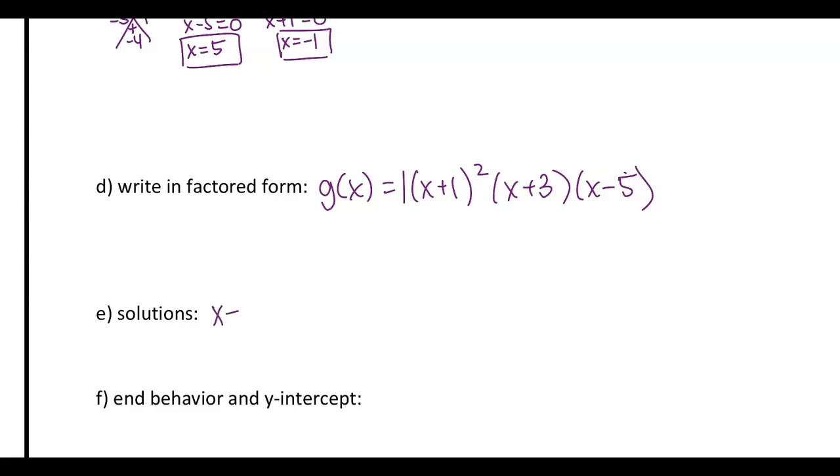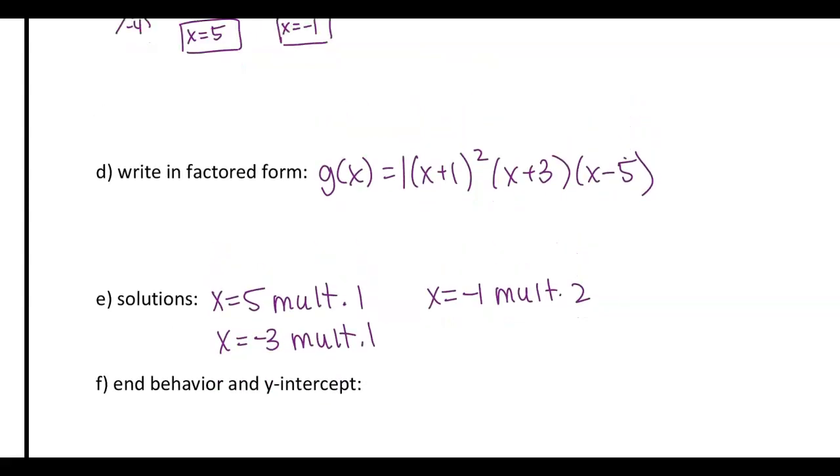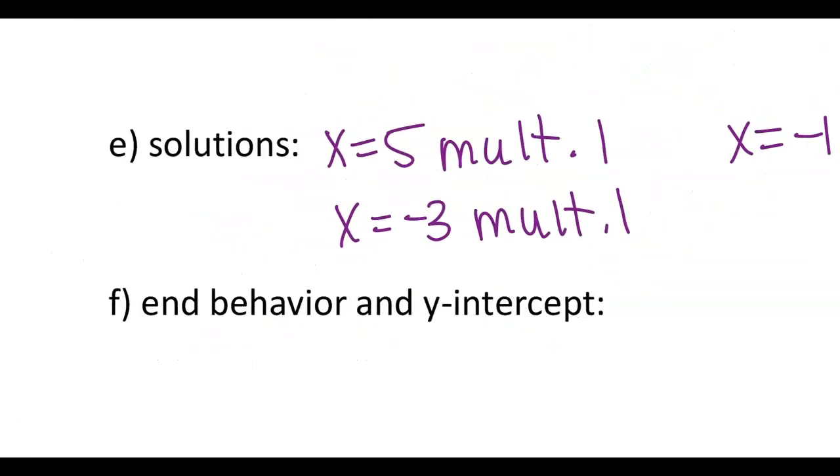My solutions are x equals 5 with the multiplicity of 1. X equals negative 3, again with the multiplicity of 1. And x equals negative 1, this one with the multiplicity of 2. So if I was to write my end behavior, I have to zoom in down here.